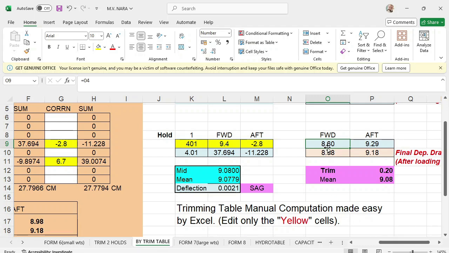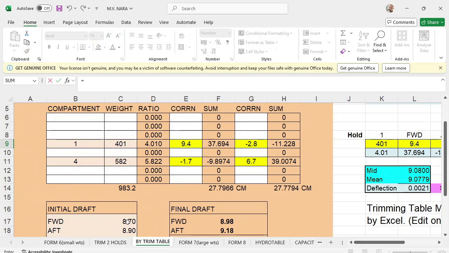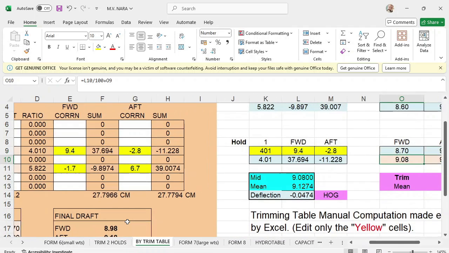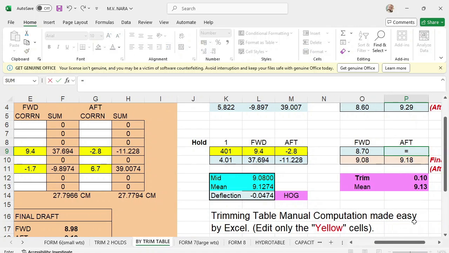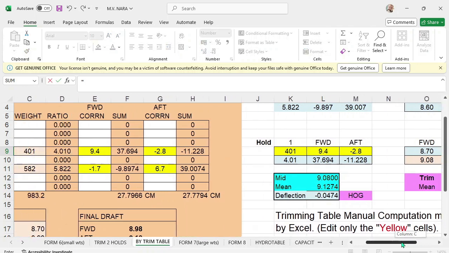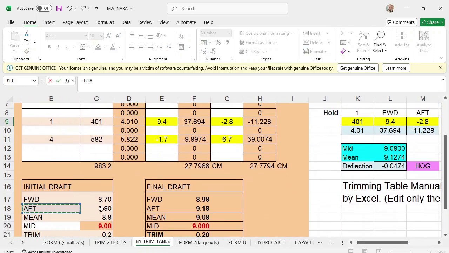The initial drop should be this one. And this should be your initial drop. Was this one.